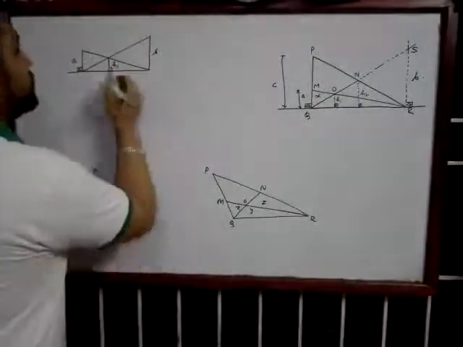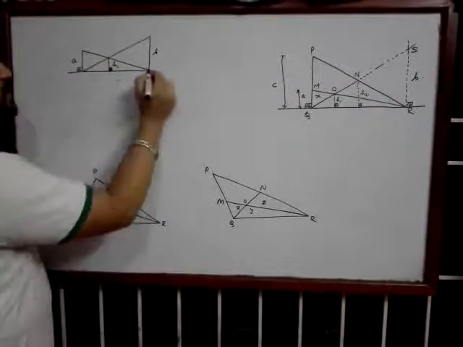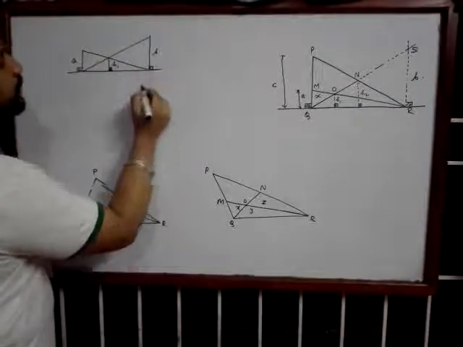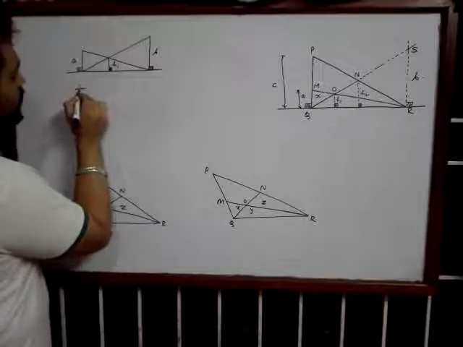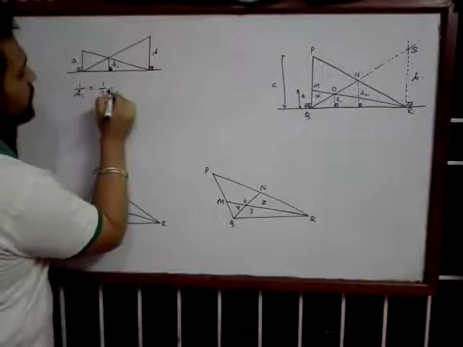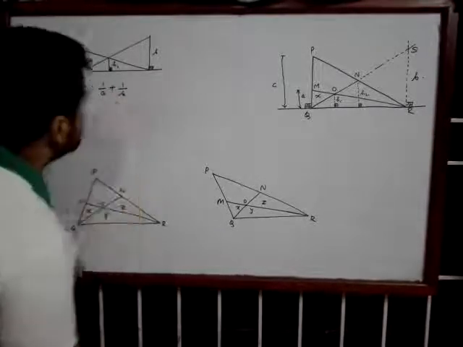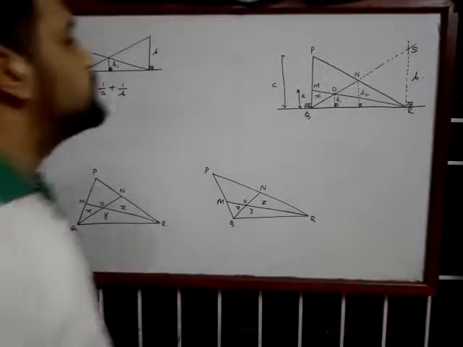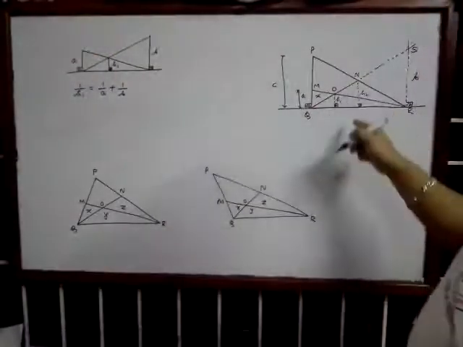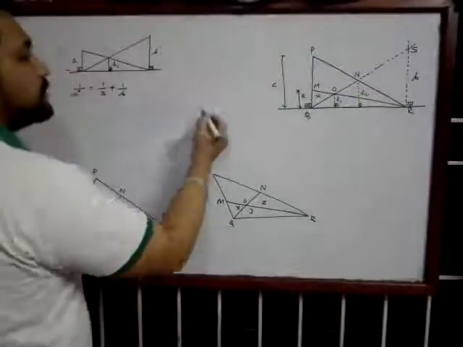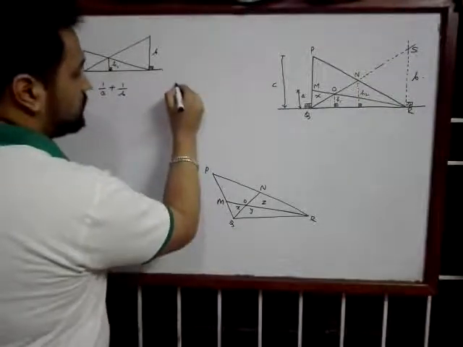So using the relation we just discussed, what we get is 1 over H1 is equal to 1 over A plus 1 over B. Next, consider H2.